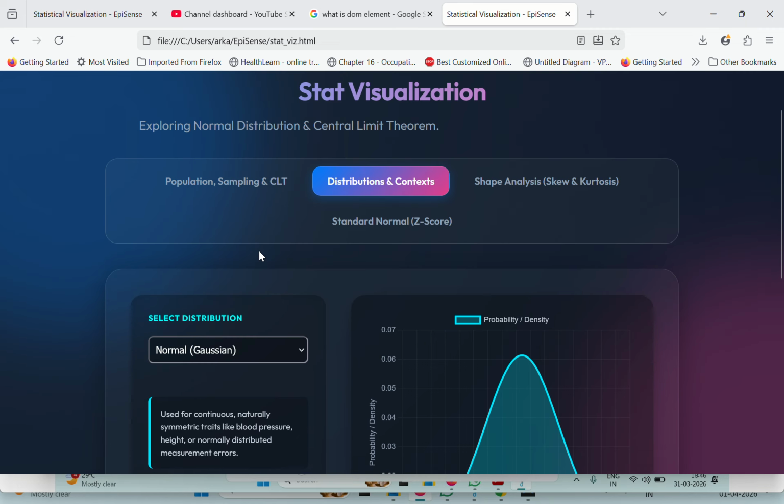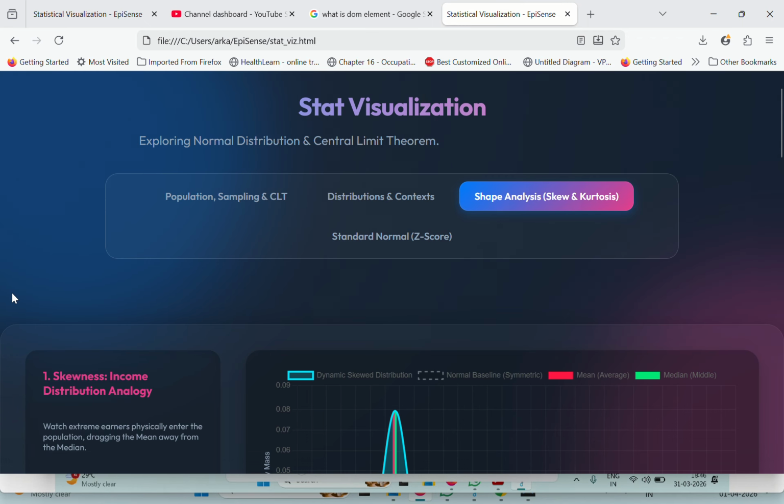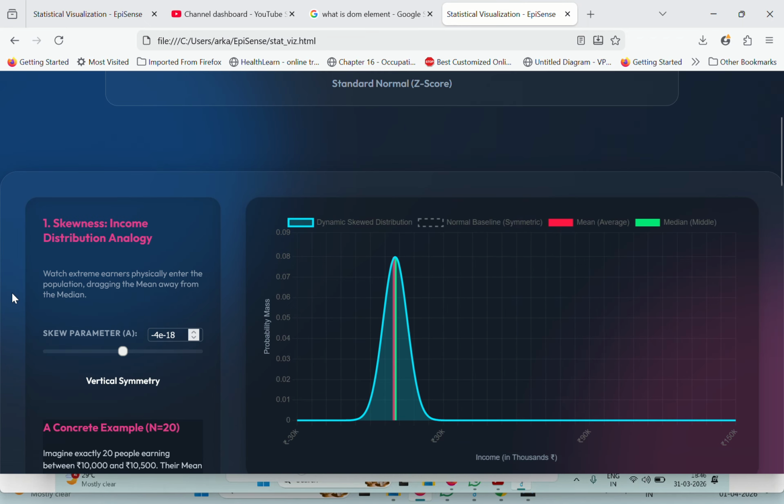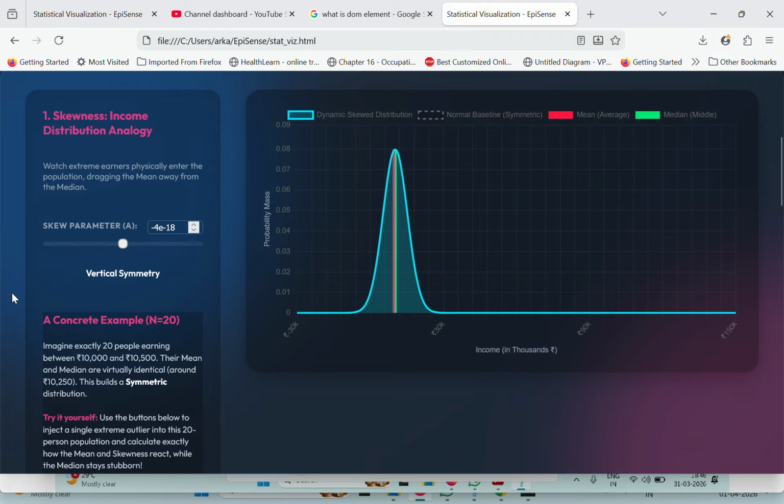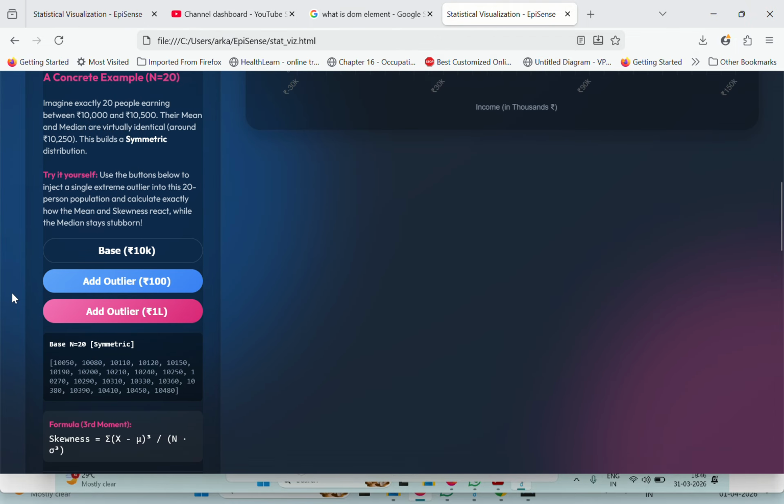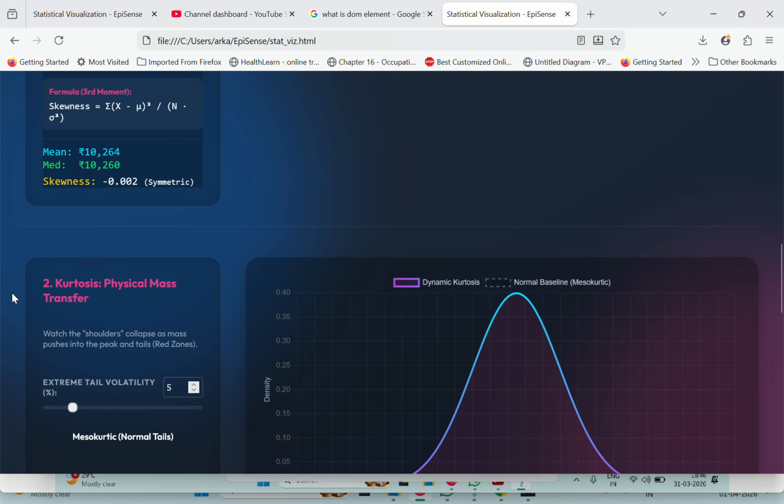Now come to what is known as skewness and kurtosis, and how the tail is shifted left or right, and also how peaked it is. So based on that, kurtosis is there.